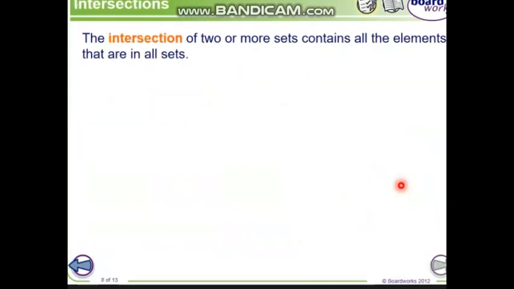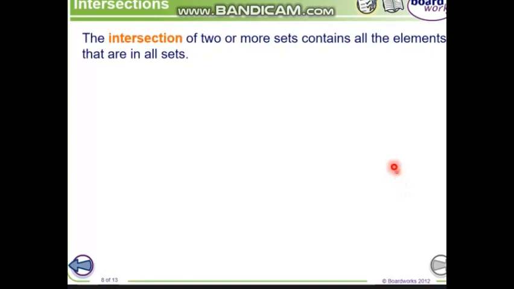Next, we have the intersection. So the intersection of two or more sets contains all the elements that are common in the sets.